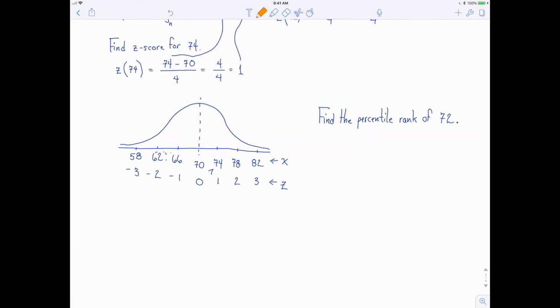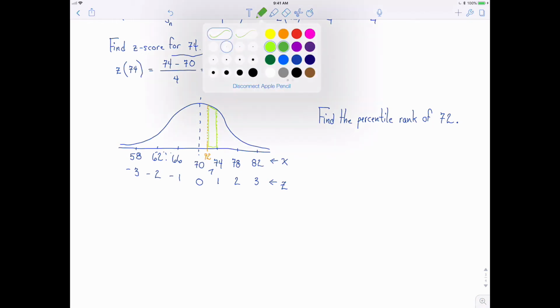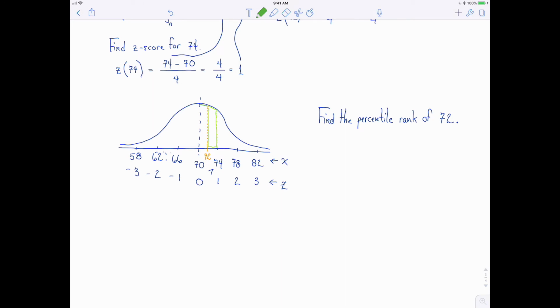I like the orange because we can see if you just eyeball it right here, 72 fits nicely right in between 70 and 74. But if we drew a little picture here, and I'm going to continue with my picture, notice that the area to the right, this light green area, is smaller than this dark green area to the left.